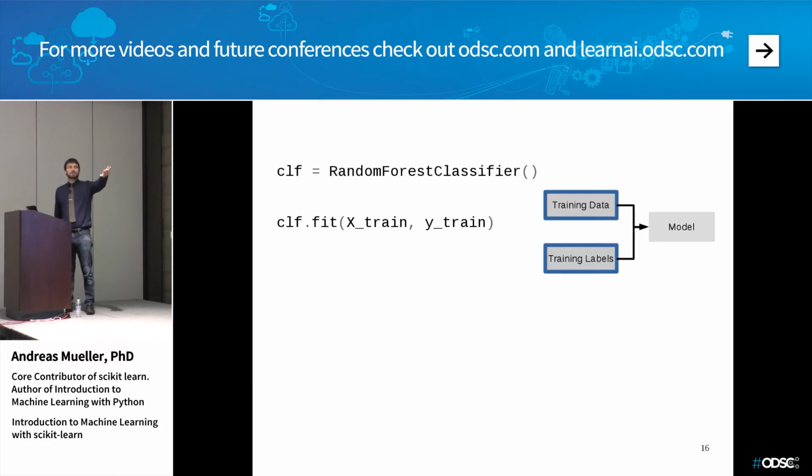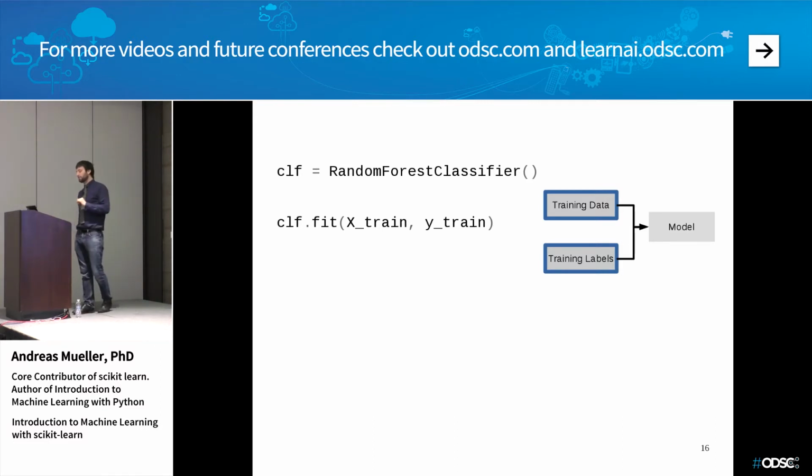I can instantiate the random forest classifier. I get an object, clf. This object encapsulates the training method, the prediction method, and it will store everything that is learned from the data. So basically, it encapsulates both the algorithm and the result, or the model.